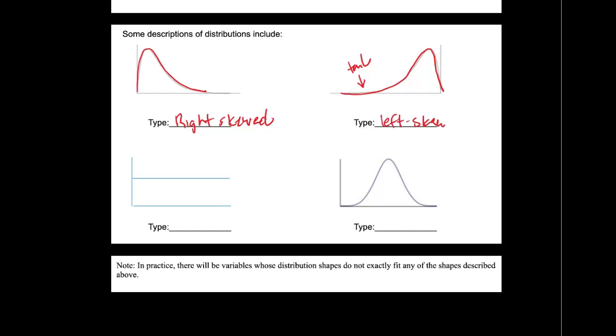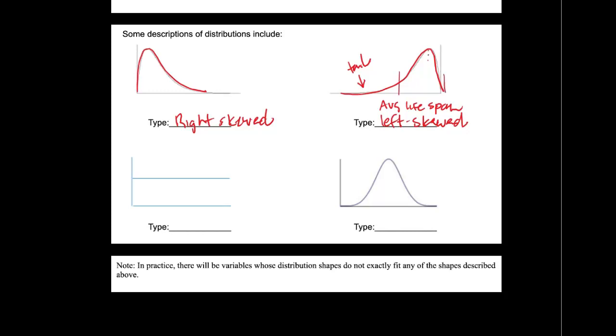One real life example where there might be a left skewed distribution is average lifespan. You could expect that most people are going to be on the higher end of things.